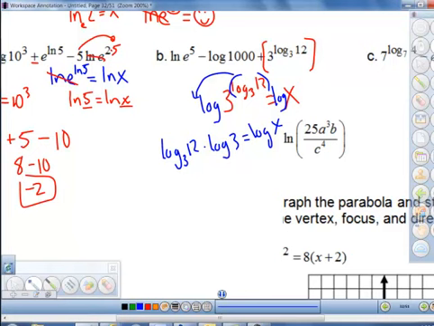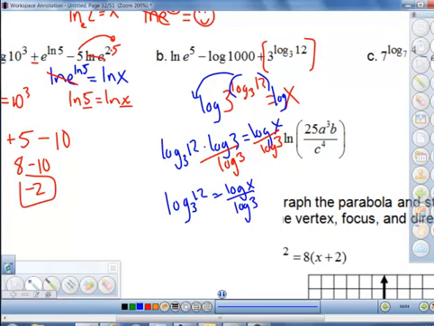Okay, now I'm going to leave this one together, but see how this one has a base 10, this one has a base 10 as well. I'm going to divide both sides by log 3. It'll all come together in a second. Log 3 of 12 equals log x divided by log 3.